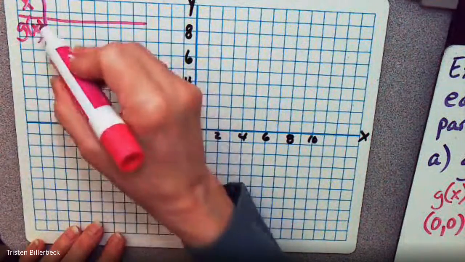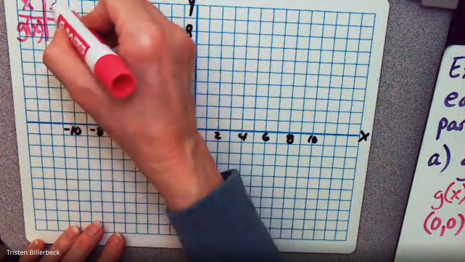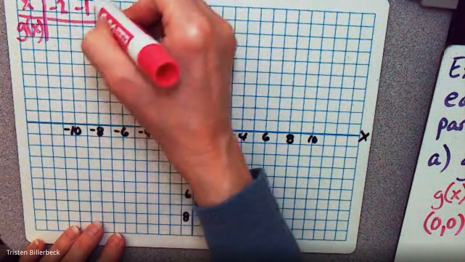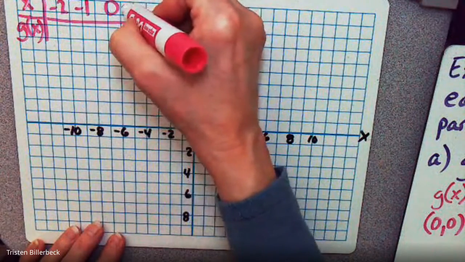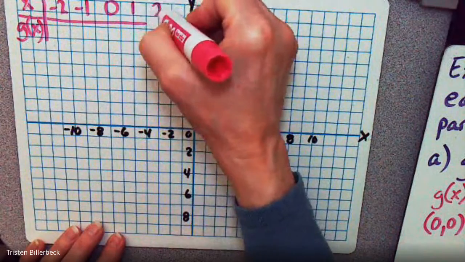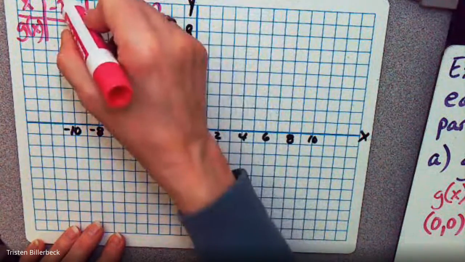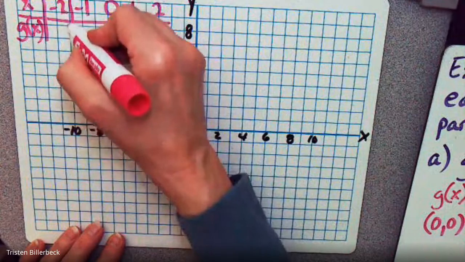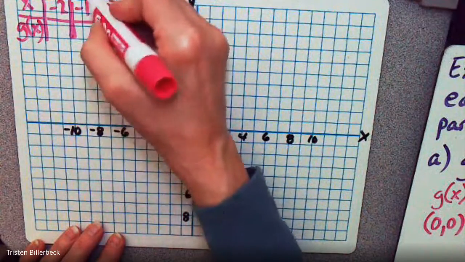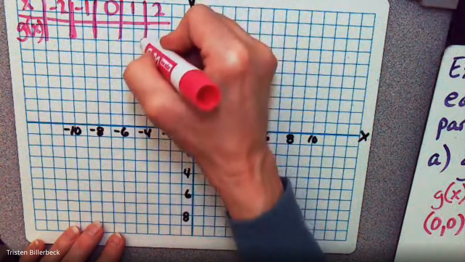Okay, so it's always a good idea to start with -2, -1, 0, 1, 2. And we're doing that. So let's see, make a quick chart there.